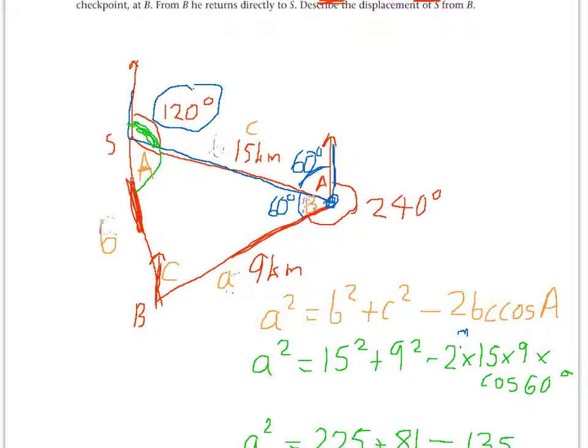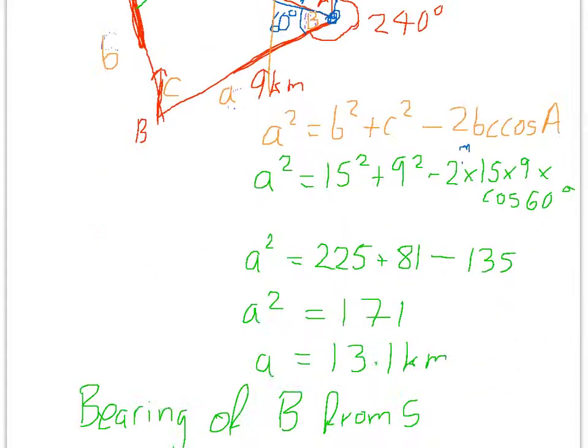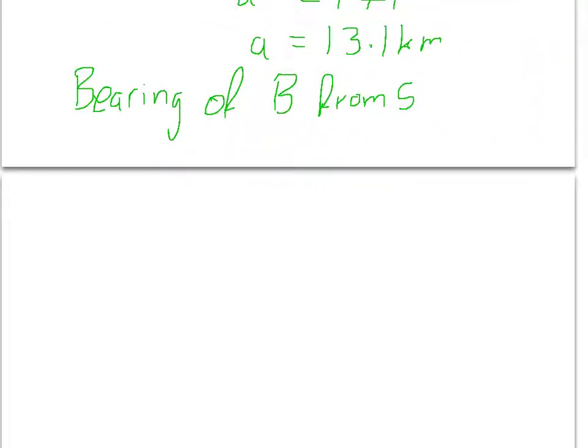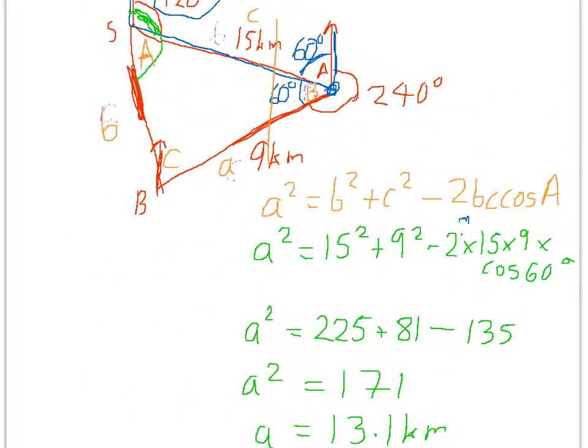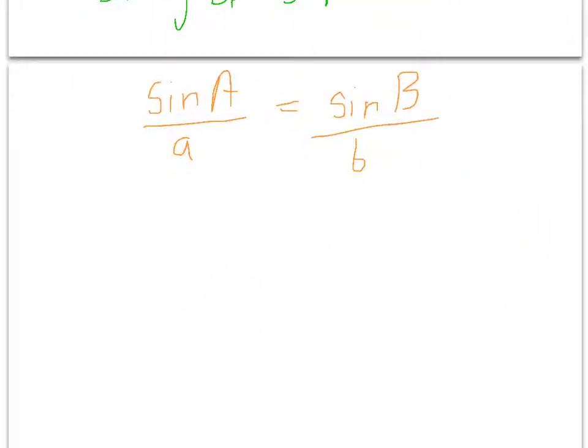Now, yet again, you will not be given the sine rule in an exam, so you need to learn this. So, the sine rule: sine of A over a is equal to sine of B over little b. So we need to put in what we know. So let's just look back at our diagram. So a is 9 and the missing angle. So let's put that in. So the first bit is going to be sine of A, because that's what we're trying to find, over 9.